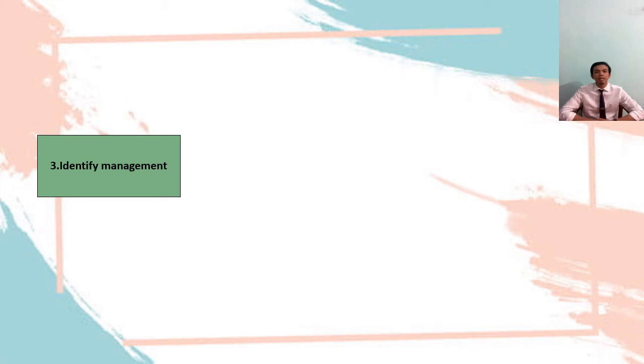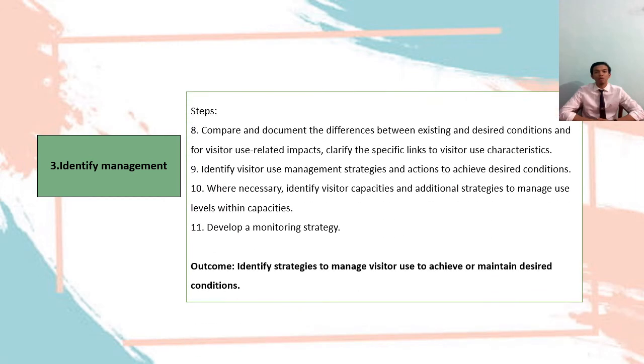Management strategies are generic approaches to visitor use management problems, while steps are unique for applying management strategies. This element further outlines the visitor capacity recognition and development plans for this capacity.